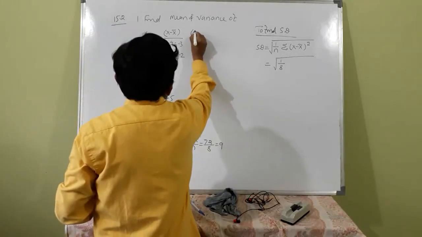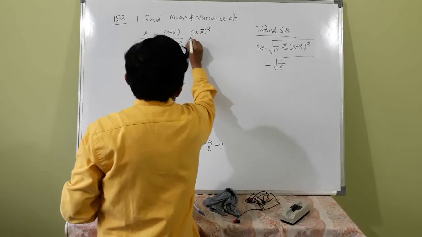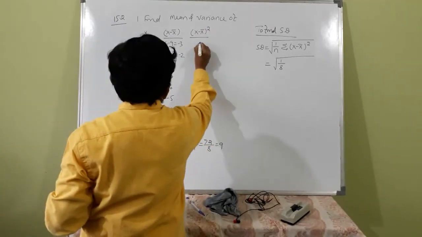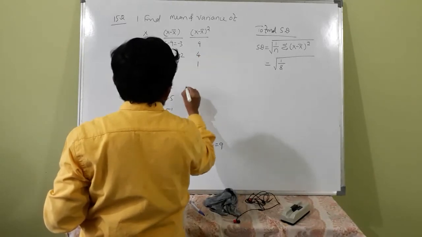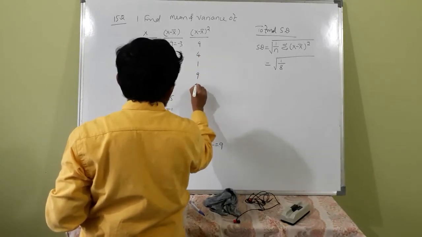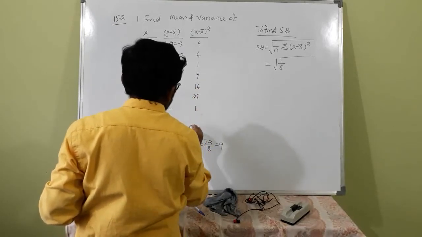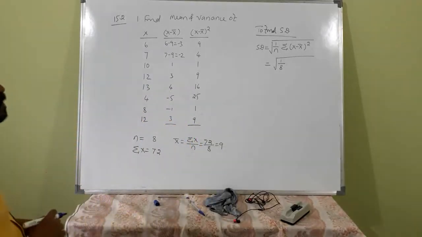Okay. X minus x bar whole square is the square of this. Minus 3 square, 9. Minus 2 square, 4. 1 square, 1. 3 square, 9. 4 square, 16. 5 square, 25. 1 square, 1. 3 square, 9. Isn't it?